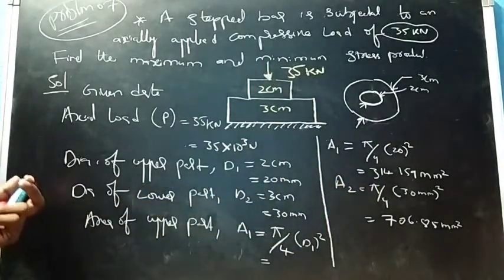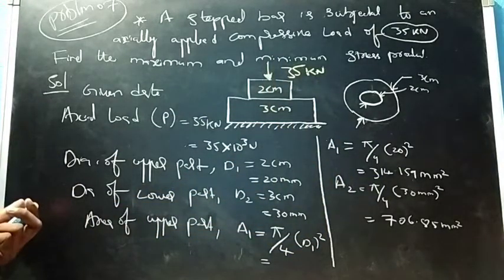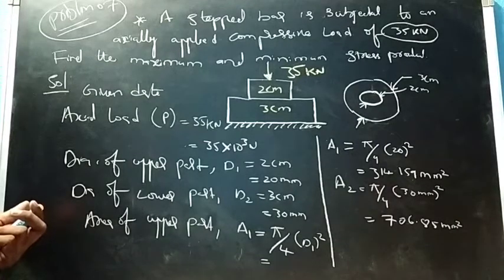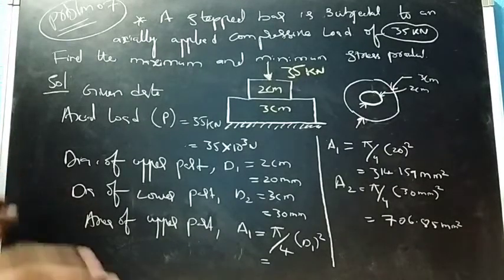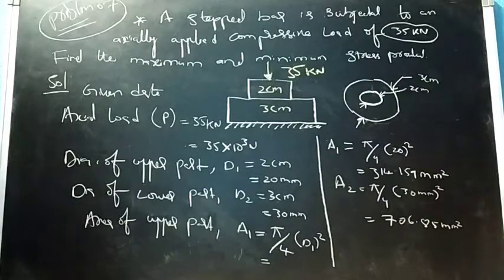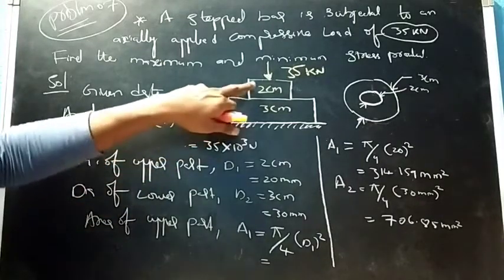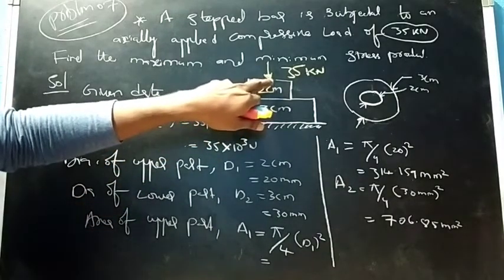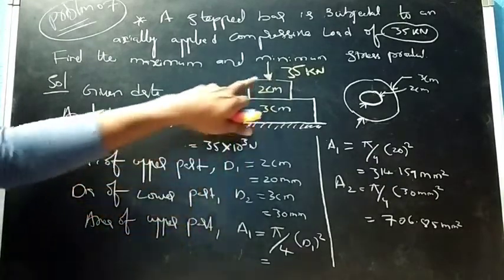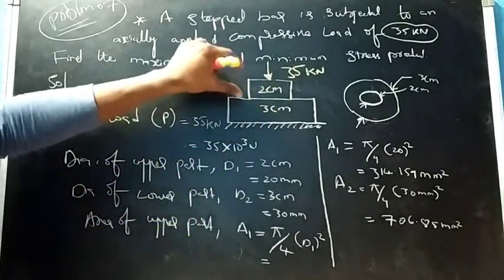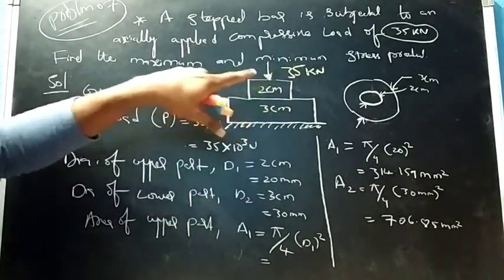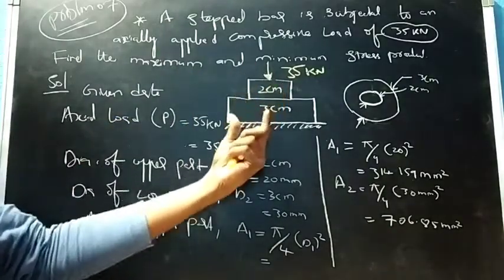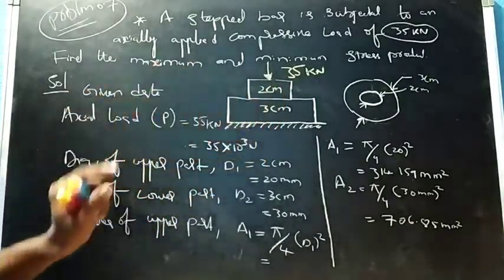Next we'll find out the maximum and minimum stress. Right? So what is the maximum stress and minimum stress? So load is applying on the top part of this bar. That means this portion will undergo the maximum compression than the lower part. Right?